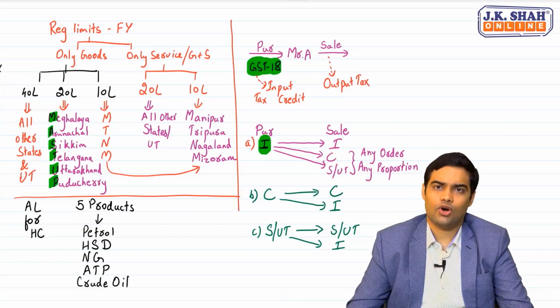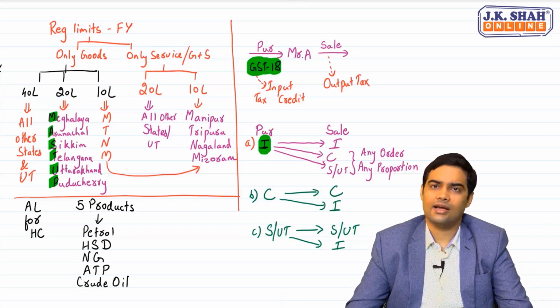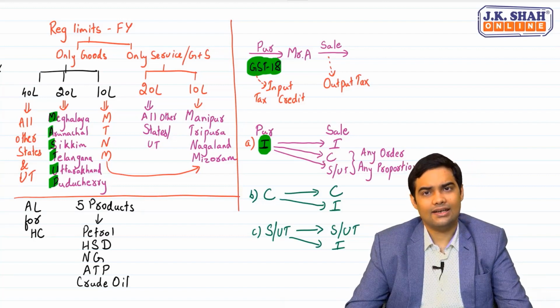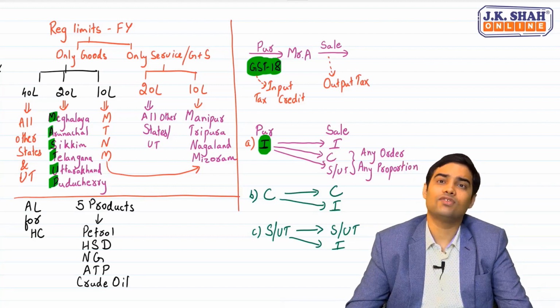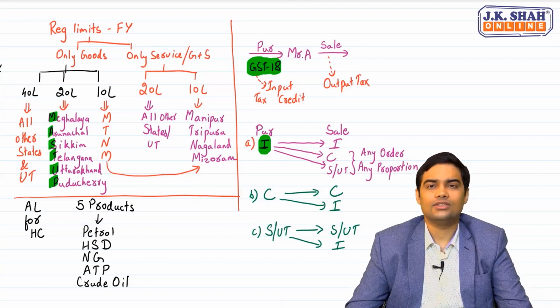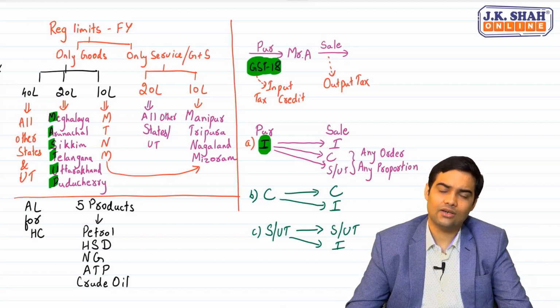These 5 products are not liable to GST at present, but GST can apply on these 5 products from a future date as may be notified by the central government on the recommendation of the GST Council. So it has to come through the approval of the GST Council.